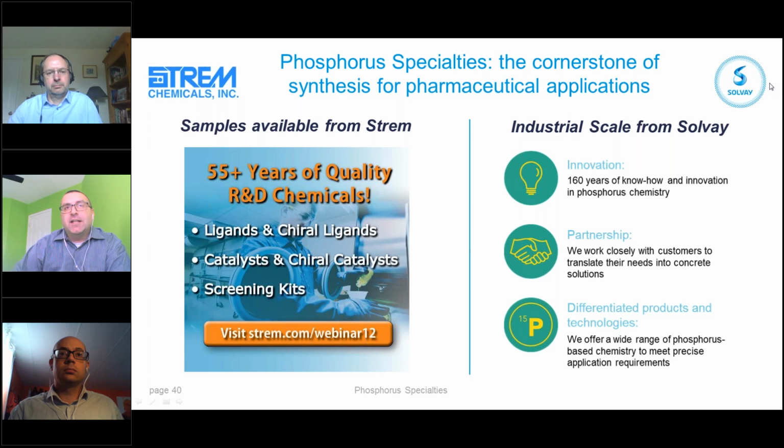So focusing on optimizing the chemistry of the phosphorus component can also help, not necessarily to recover catalysts, but at least to minimize waste and make the processes a little more sustainable.